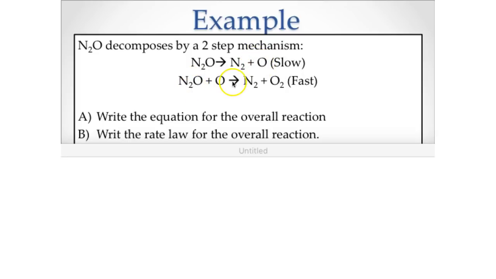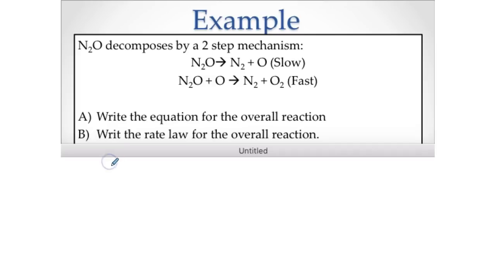Then we have N2O again, and it's going to react with O, the O that's produced here. That shows us that O is going to be the intermediate, and it's going to produce N2 and O2 in a very quick fashion. It says write the equation for the overall reaction.